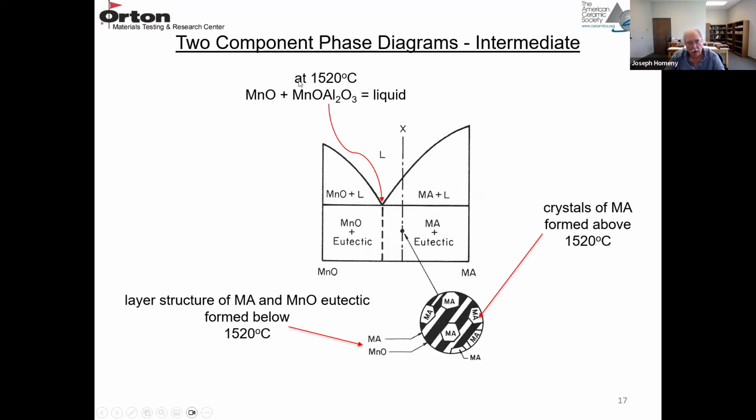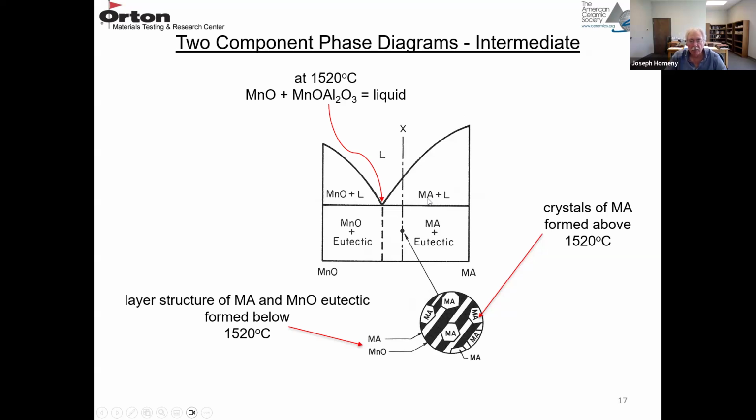So when we cool down through the eutectic at 1520 degrees C, the liquid crystallizes to MnO and Ma, MnO·Al2O3. So when we're at composition X, we first start crystallizing Ma in liquid.